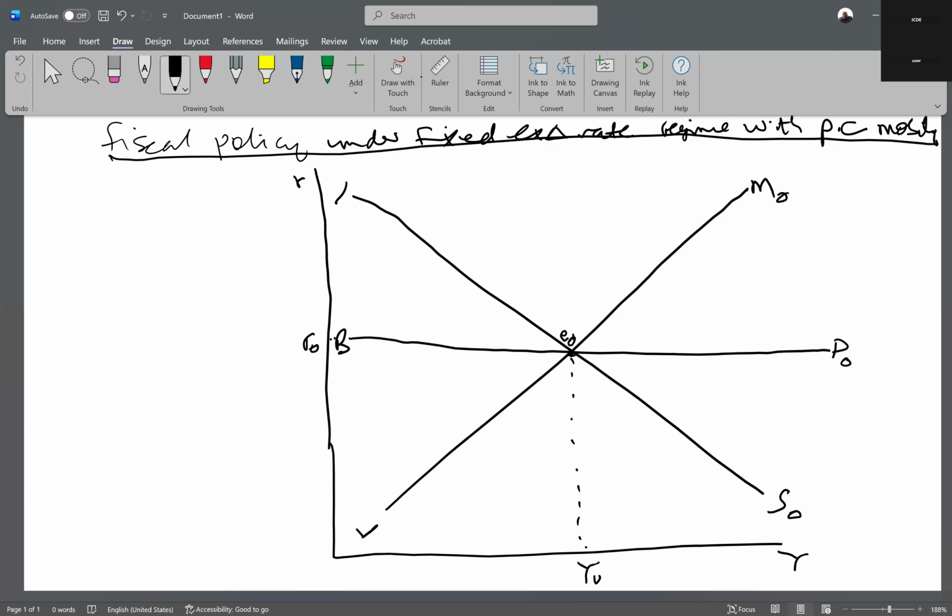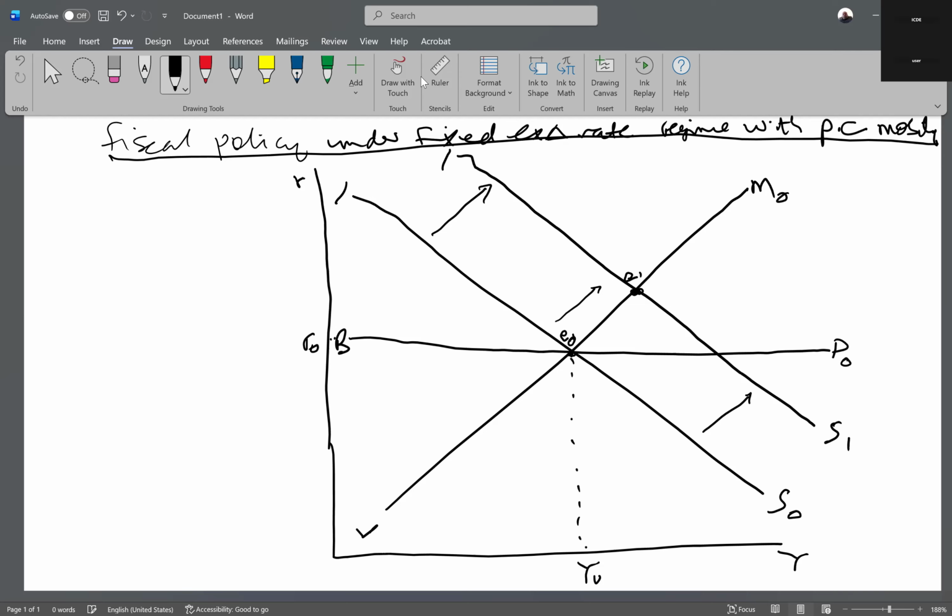So IS shifts from IS0 to say IS1. We are at point what? E1. We move from point E0 to where? E1.